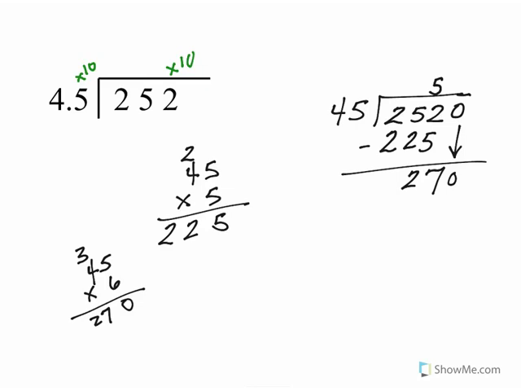So I know that I'm going to get 6 groups of 45 out of 270, because 6 times 45 is 270. And I'm going to subtract. I ended up with no decimals in this problem, so there are no decimals in my answer. And even though I multiplied these by 10, my answer is still 56.